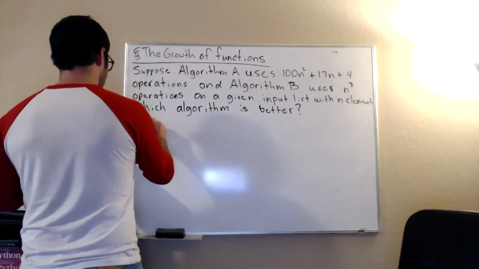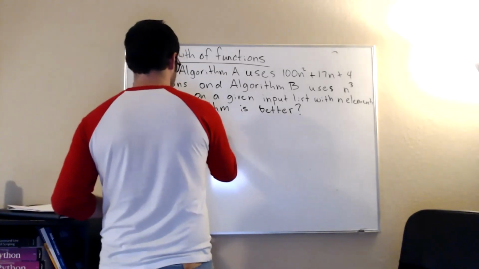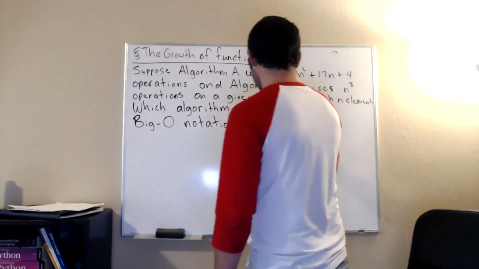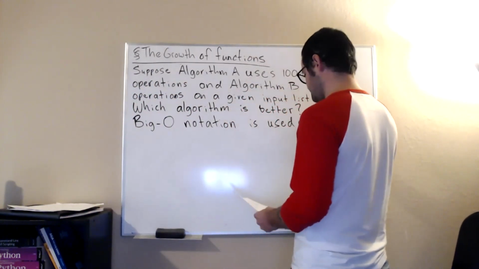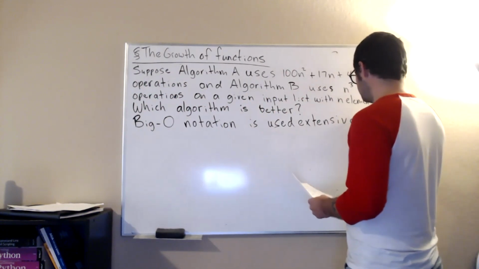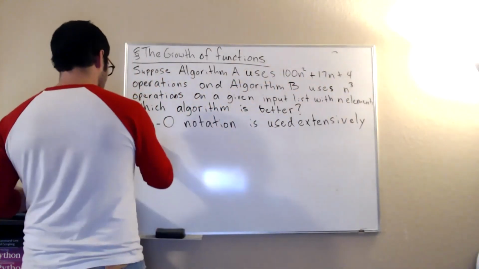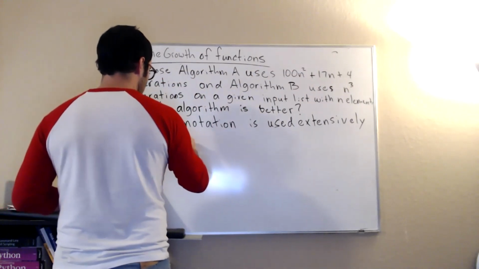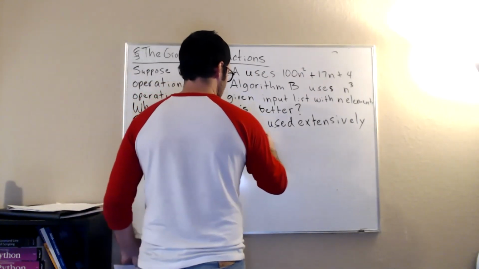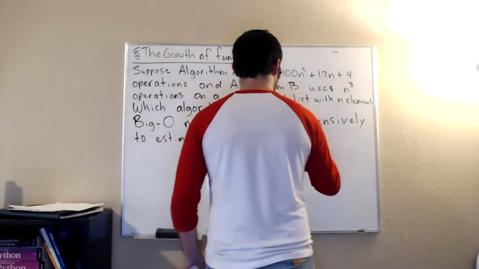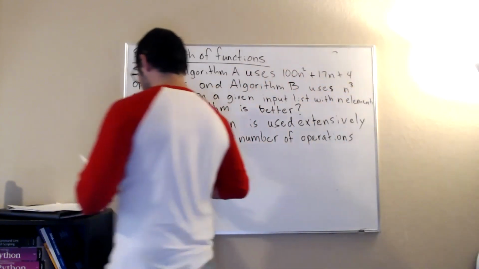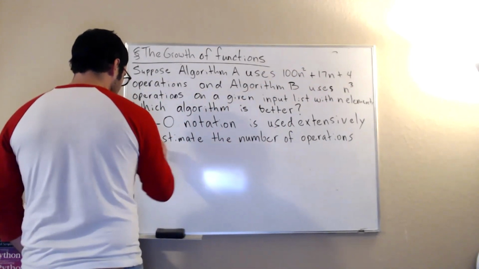So big O notation is used extensively to estimate the number of operations an algorithm uses.